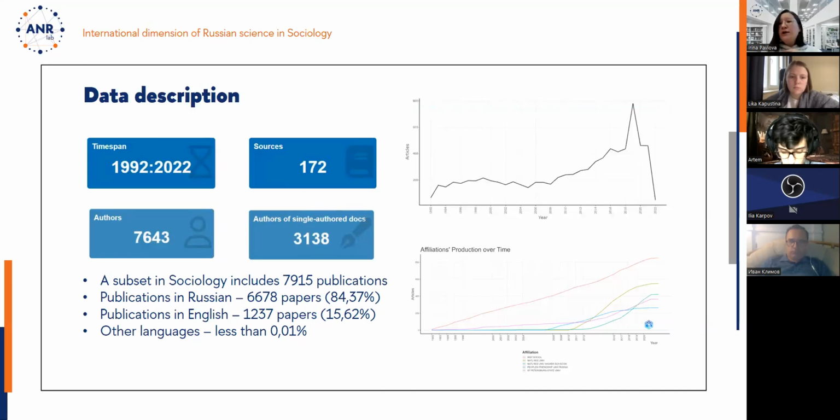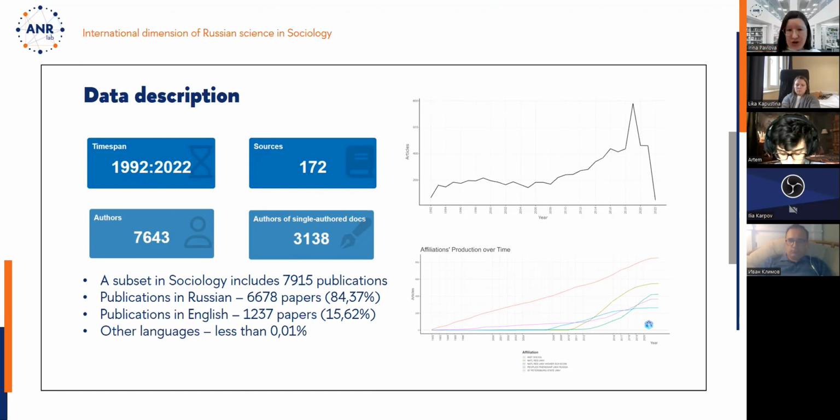So overall, definitely, quantitatively, we see that the number of publications was growing steadily. So this is quite understandable. The first year of publications is 1992, and up to the last year when this data set was downloaded in 2022.